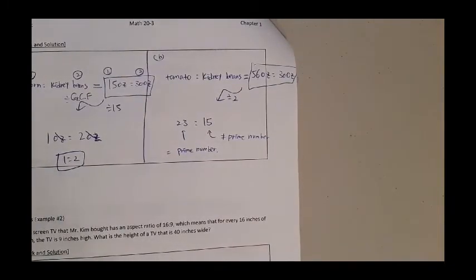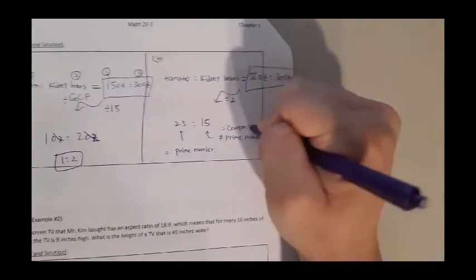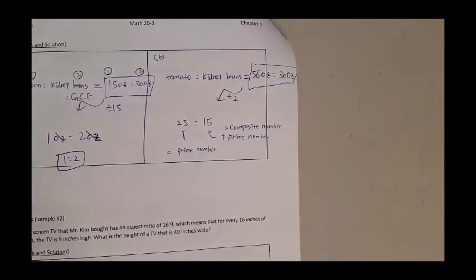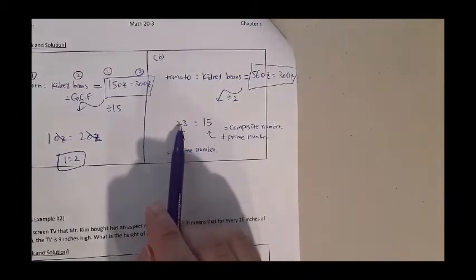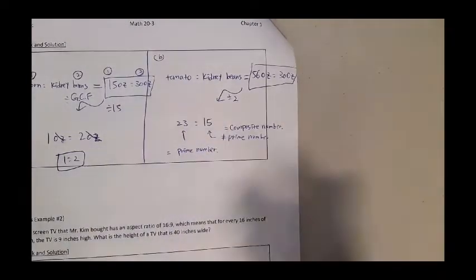Like something times something is equal to that number, you cannot figure out. Like 15. This is known as a composite number because I can make 15 by doing 5 times 3 easily. But when it comes to 28, you have nothing but 1 times 28. Basically 1 and itself.